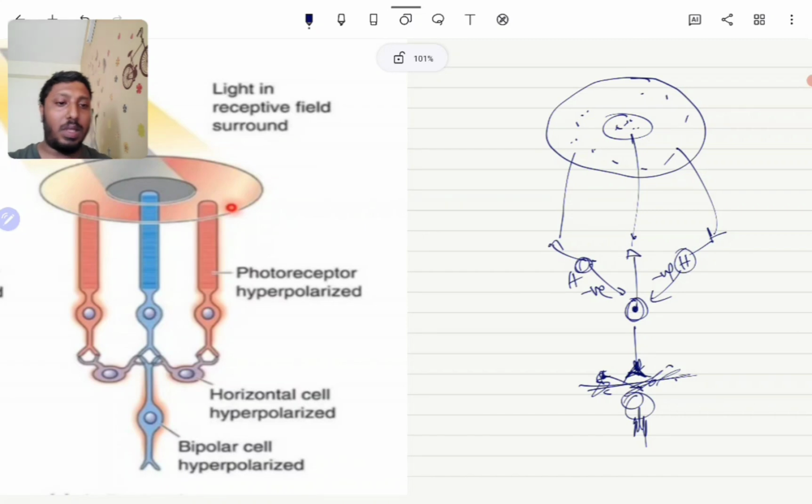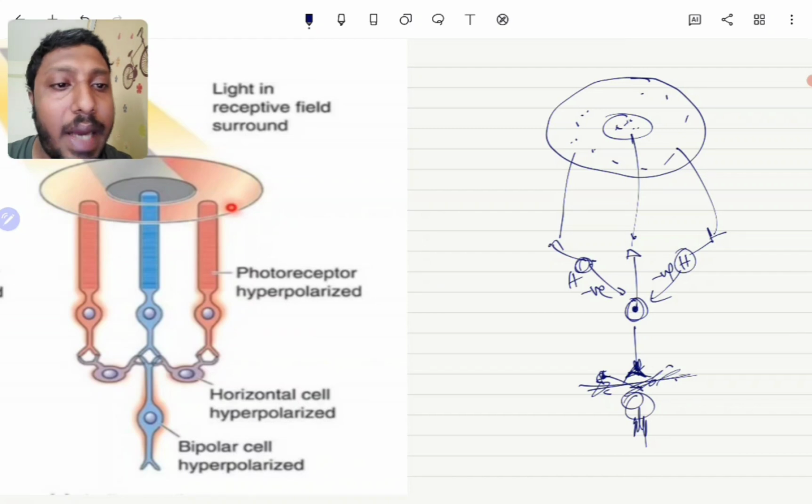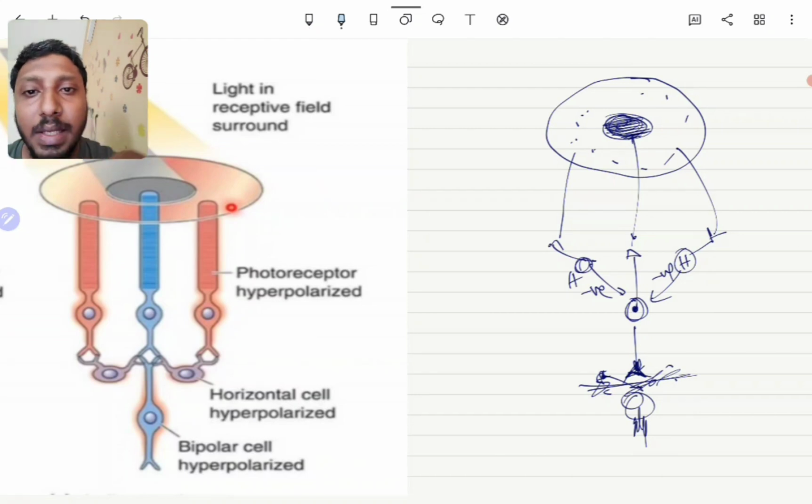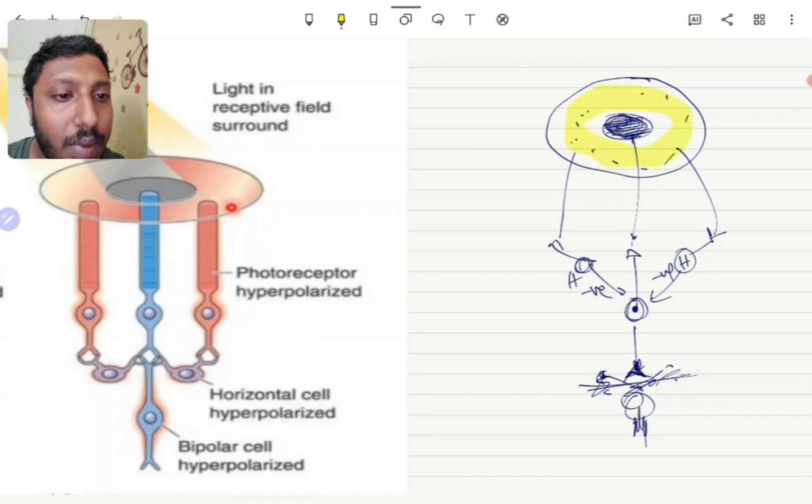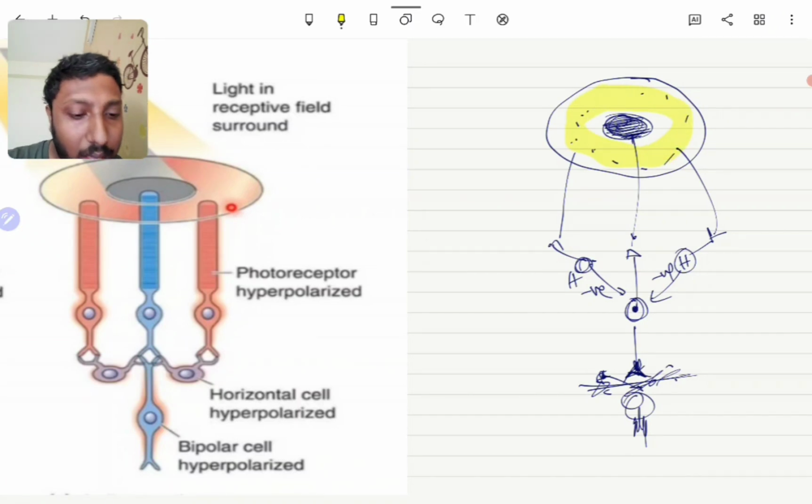What is the need for this? I will tell you an example of the most common type of receptive field action potential. When there is a dark spot in the center and there is light in the periphery, there will be a lot of firing.